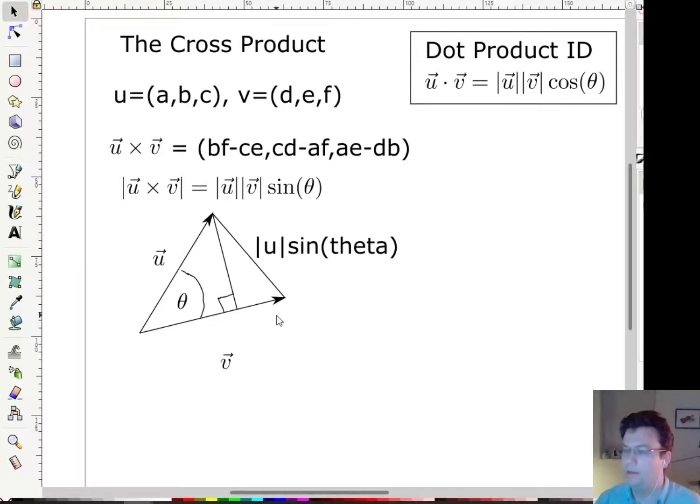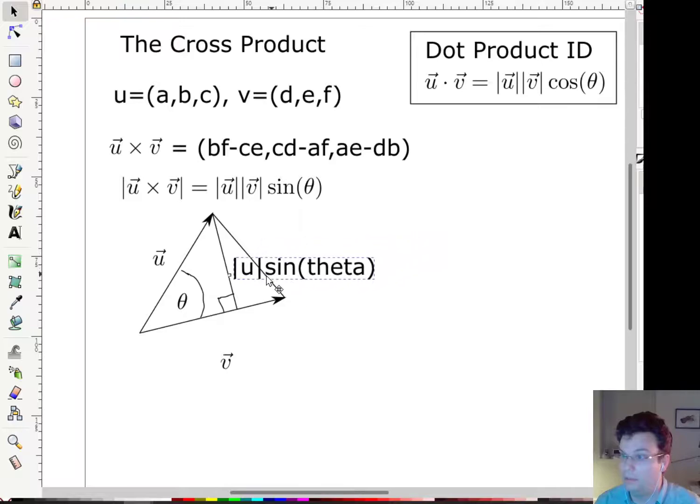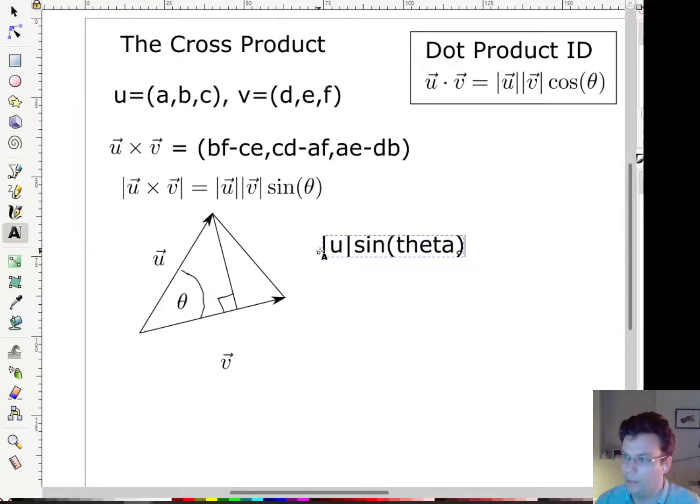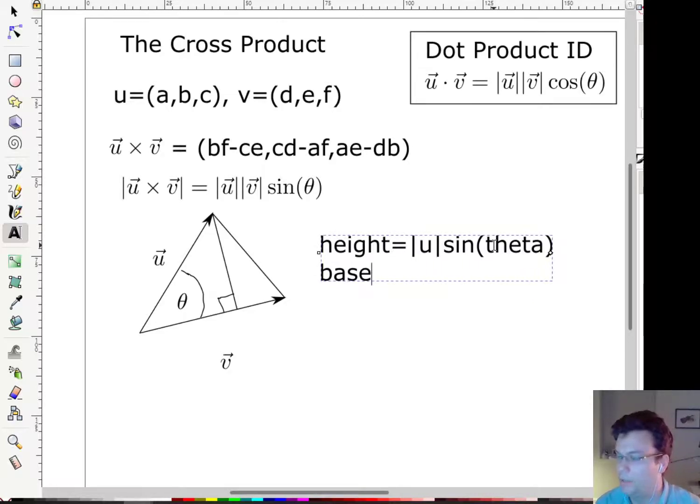Remember that the area of a triangle is 1/2 base times height. So the height is the magnitude of u times sine of theta, and the base is the magnitude of v.